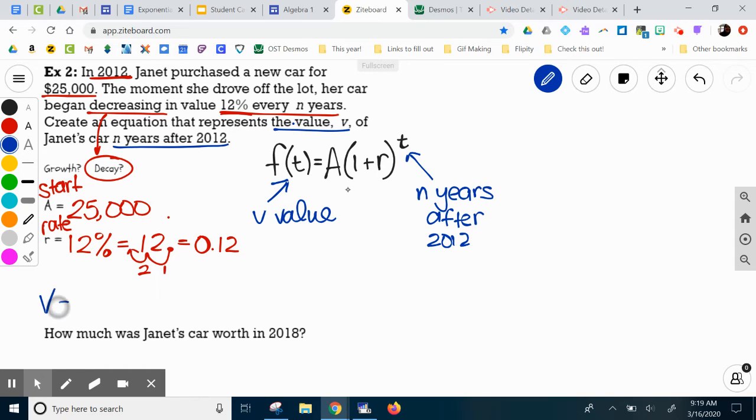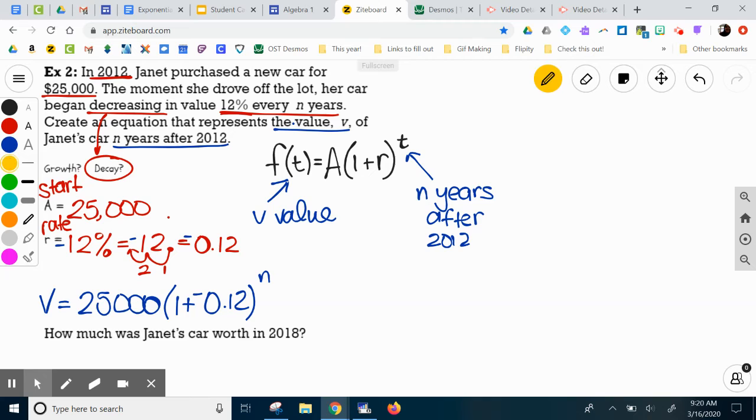So we know v is equal to the start, so $25,000. Parentheses 1 plus, ooh, I messed up something really important. It decreases 12%, so that's a negative 12%. So negative 0.12 to the power of n.